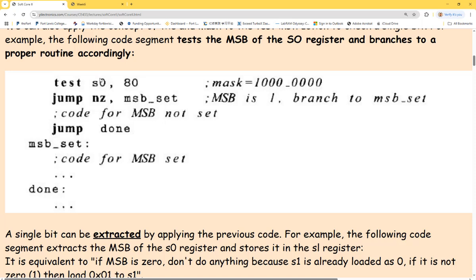When the zero flag is not on, it jumps to MSB set, to this address, and does whatever you put here. What's next? Is it going to come back to this point, or move forward? It'll just move forward down to done. If the Z flag is on, it's going to skip the non-zero line, jump down, directly skip MSB set and go to done. That's how that works.